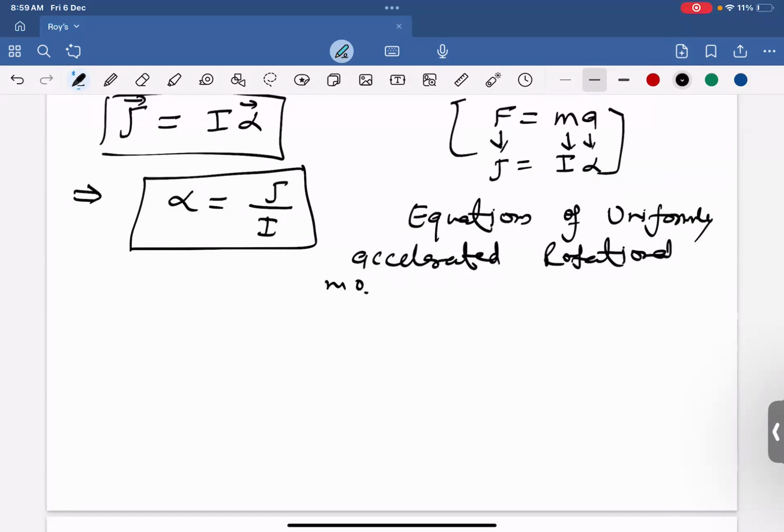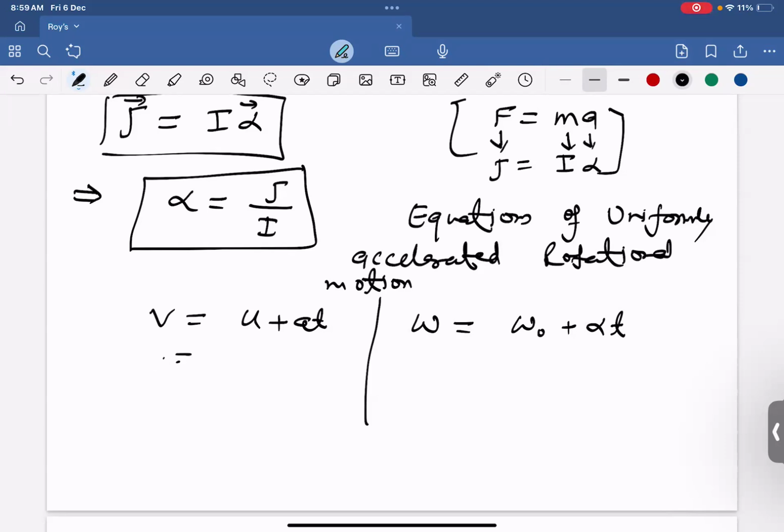In linear motion, we use V equals U plus AT. And here I can write omega equals omega naught plus alpha t. That is, omega is final angular velocity, omega naught is initial angular velocity, alpha is the angular acceleration, that is torque divided by moment of inertia, and t is the time. Okay, understood?